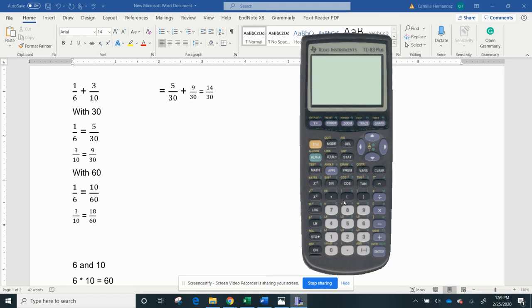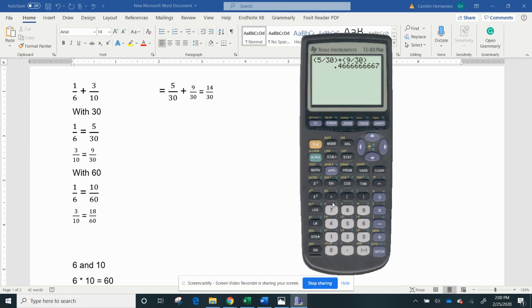I'm going to turn it on and I'm going to do 5 divided by 30. Parentheses, sorry. Then I'm going to do 9 divided by 30, and then I'm going to hit enter. Okay, well, that's weird. That just gave me a decimal, and that kind of confuses me.